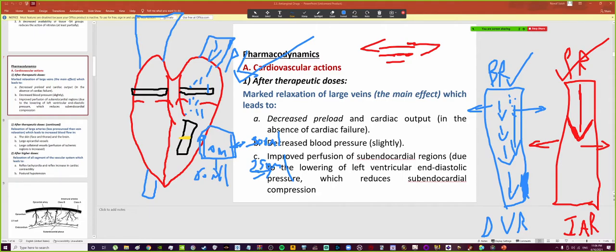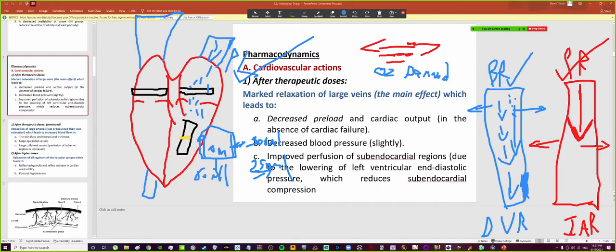The heart will be stretched to a certain point, but it's going to be contracting less as compared to before. So it's going to use less oxygen consumption, less energy consumption, and basically what you're doing is decreasing the heart's workload. You're decreasing its preload, you're decreasing its cardiac output, you are basically decreasing the heart's ability to use more oxygen, and therefore the oxygen demand is going to be equal to the supply.